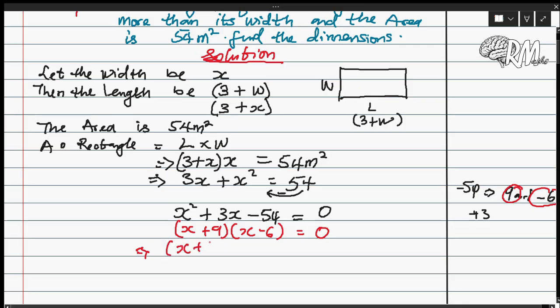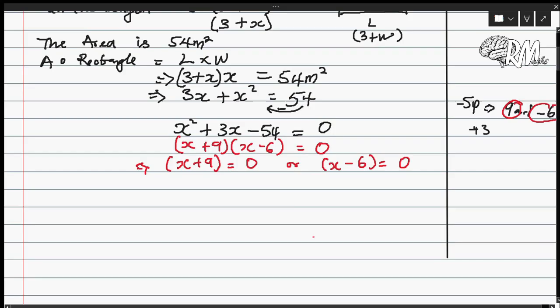So we have x plus 9 equals 0, or x minus 6 equals 0.